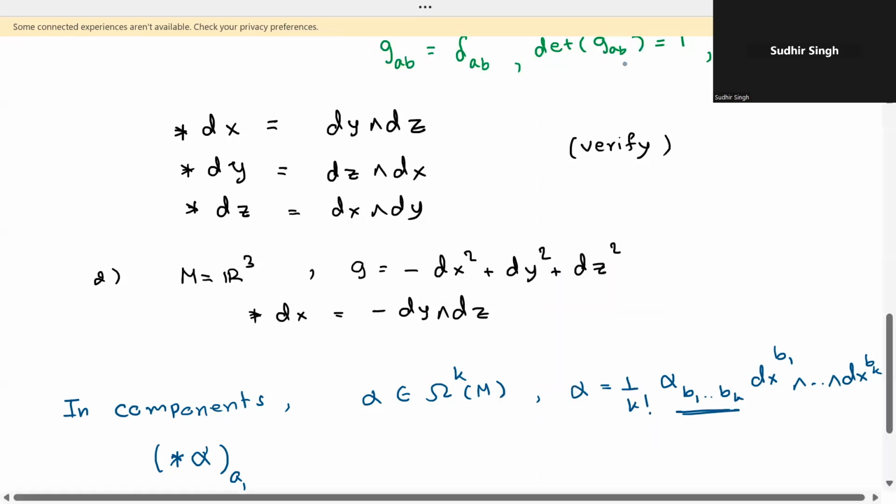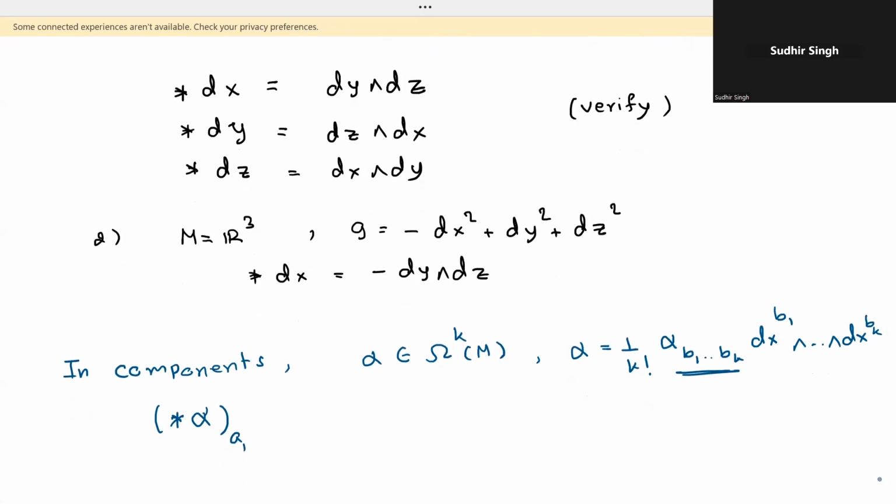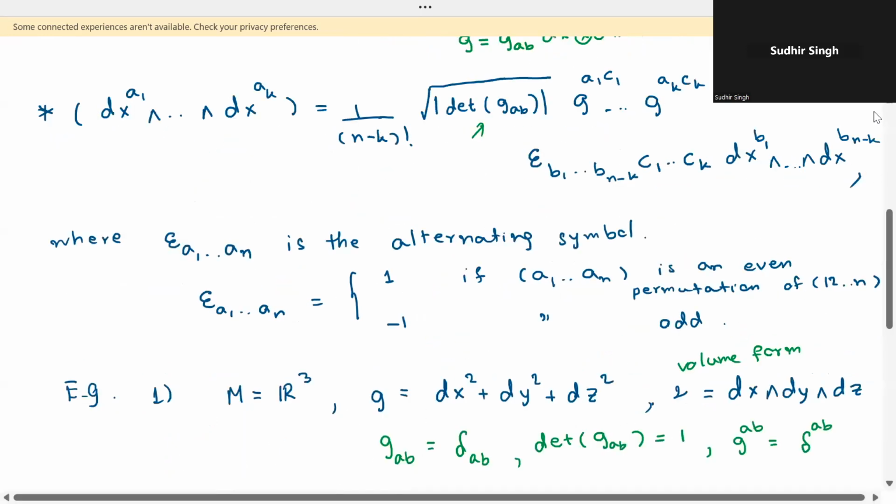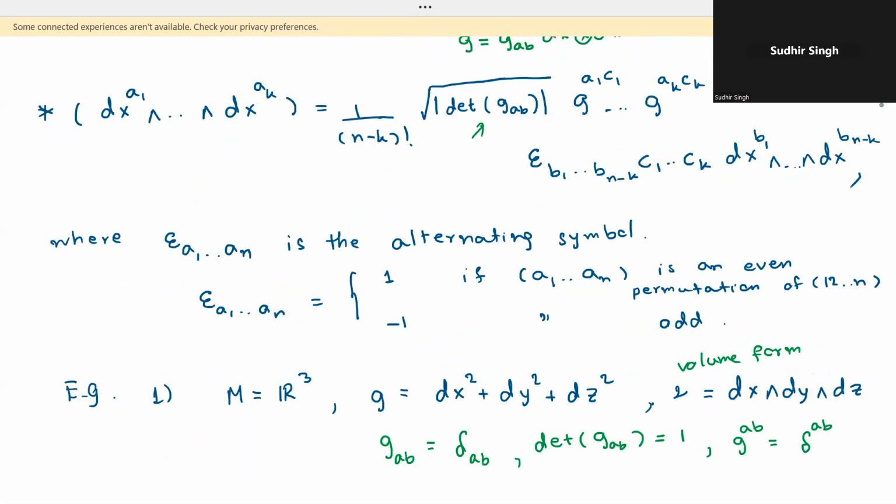So the components a1 to a(n minus k), and it follows quite easily from this formula here.